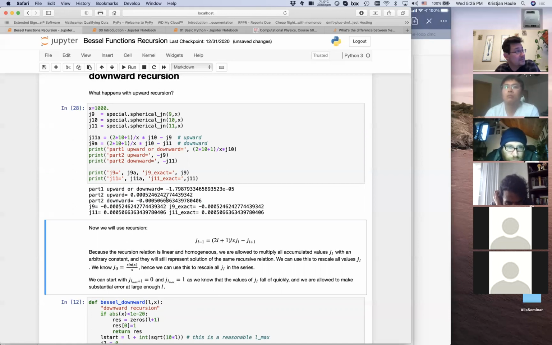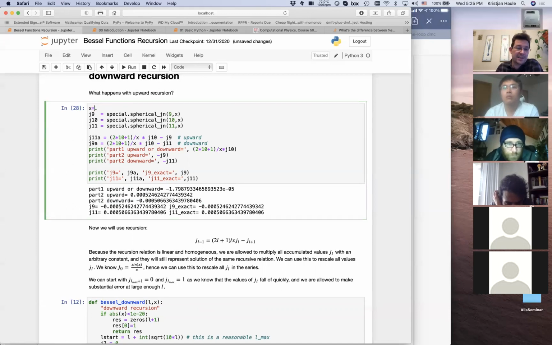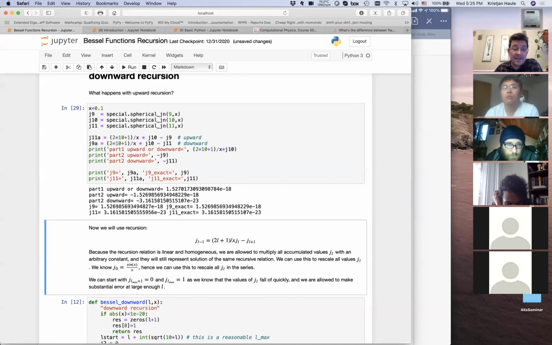Right now I don't see it. But the usual story is that when L is equal to x, that's where both upward and downward recursion are borderline. If x is smaller than L, you have to do downward recursion. If x is bigger than L, you have to do upward recursion.